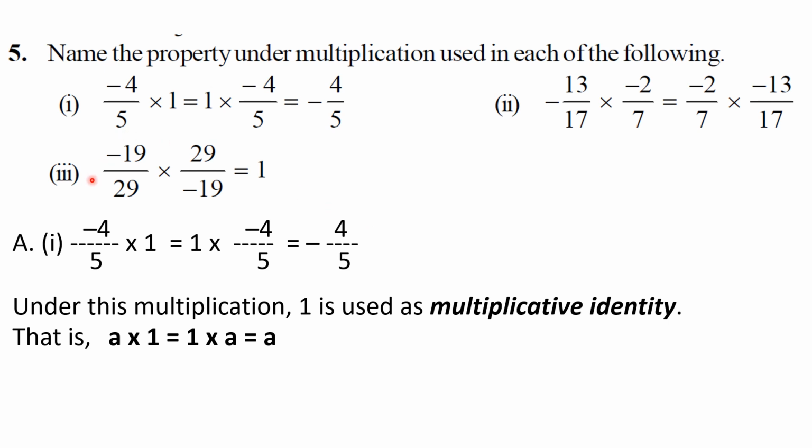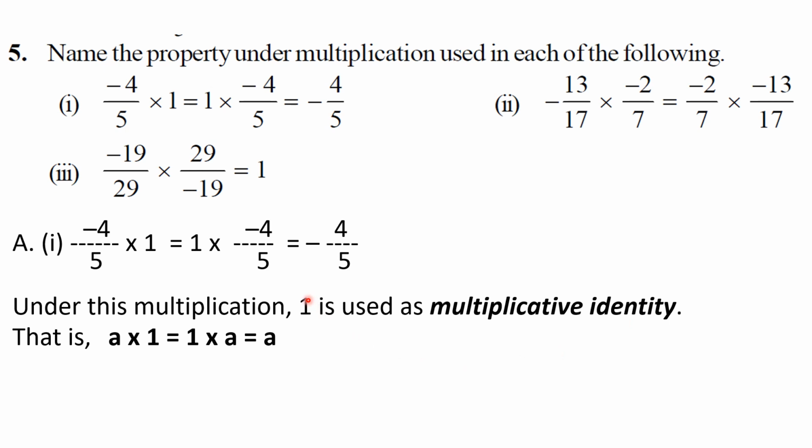Here the three parts are there. Let's see what is being done here. Minus 4 upon 5 into 1 is equal to 1 into minus 4 upon 5 is equal to minus 4 upon 5. So the property is multiplicative identity. Under this multiplication, 1 is used as multiplicative identity.